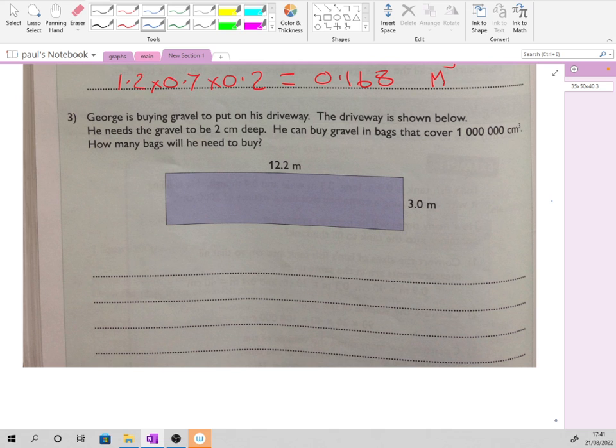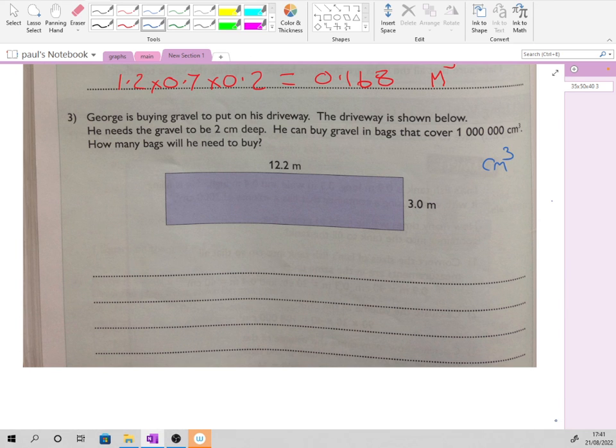Because I need to work out the volume of the driveway and compare it to how many million centimeters cubed I need, which means how many bags I need, my answer for the volume needs to be in centimeters cubed.